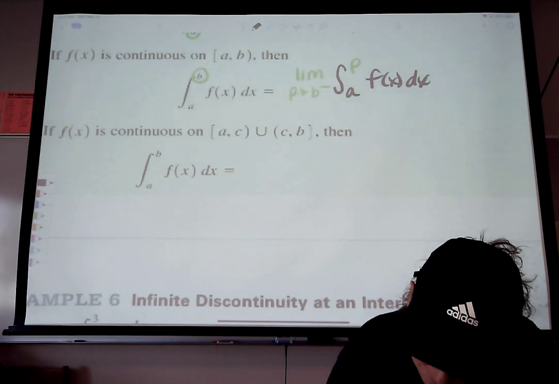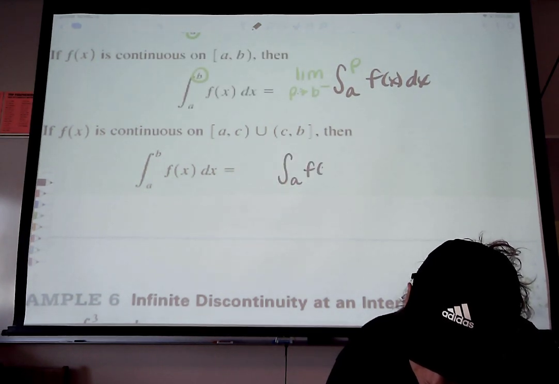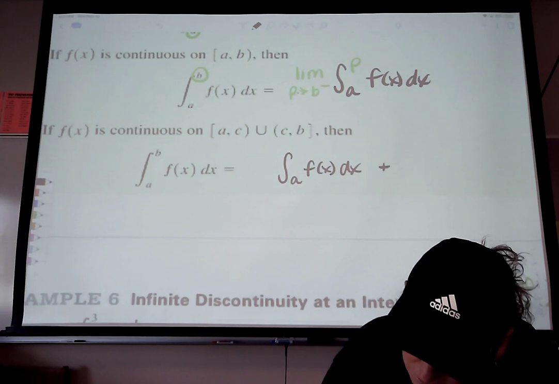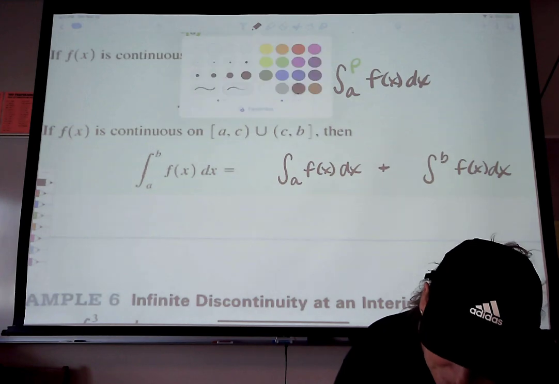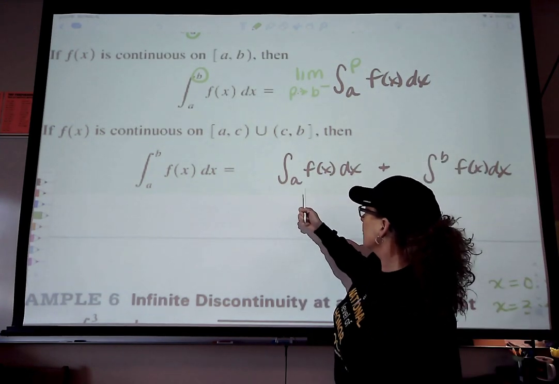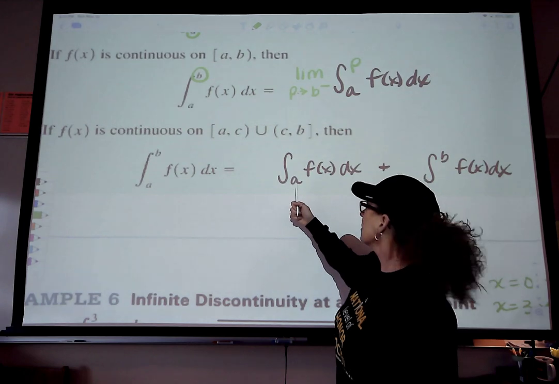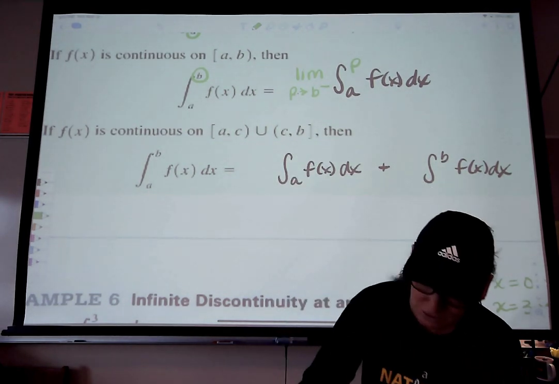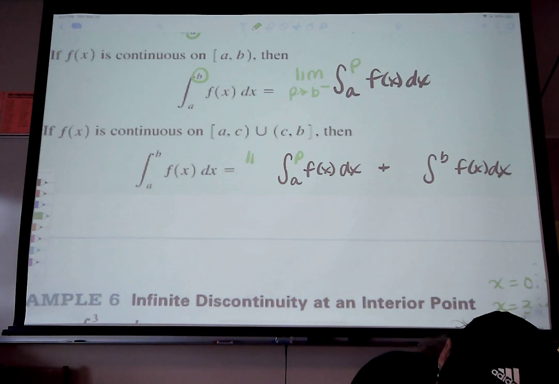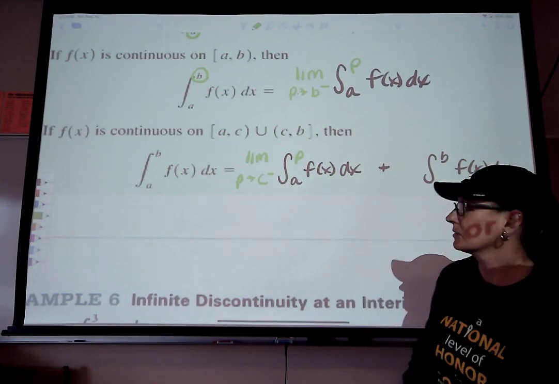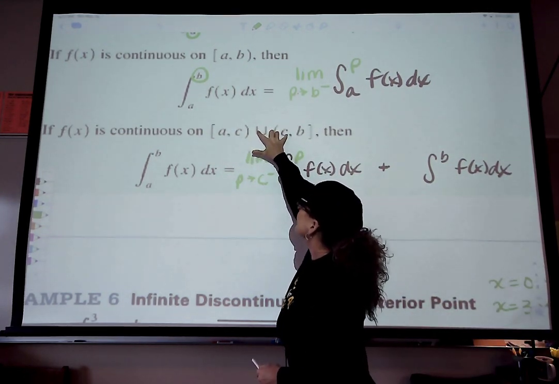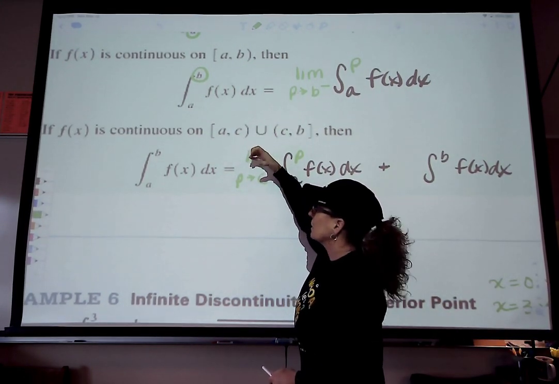So I'll go from A to P, limit as, C is the location where it blows up.